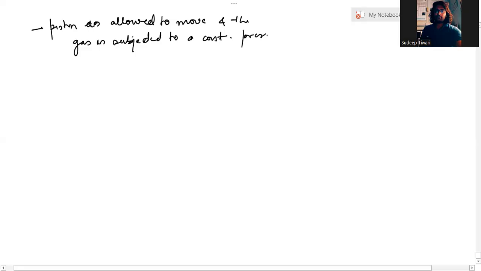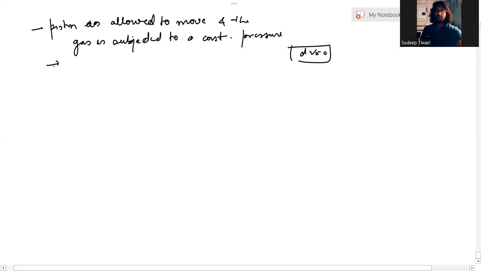I'm talking of gas expansion under a constant pressure. Now, in this particular scenario, some of the heat ends up as mechanical energy of the surroundings. So no longer can we say that work done is zero.